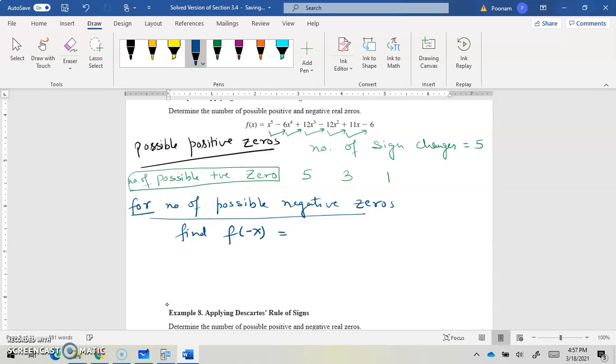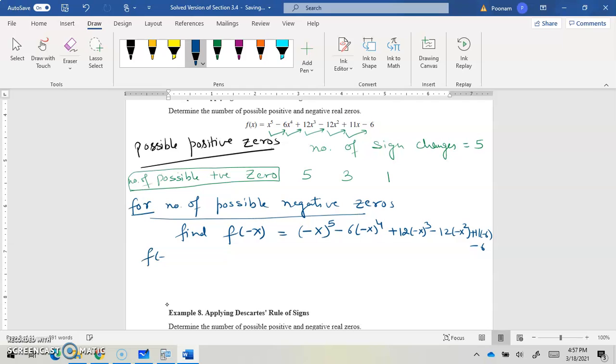How do you find f of negative x? In the function, put negative x in place of x. Negative x raised to power 5 minus 6 times negative x raised to power 4 plus 12 times negative x cube minus 12 times negative x square plus 11 times negative x minus 6.